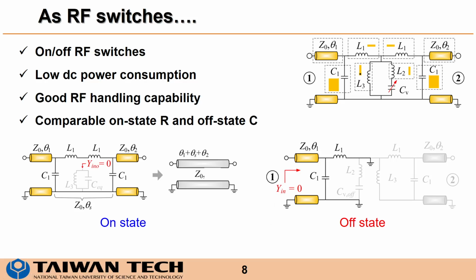As a result, no RF power can go through the circuit, and this is what we call the off-state.